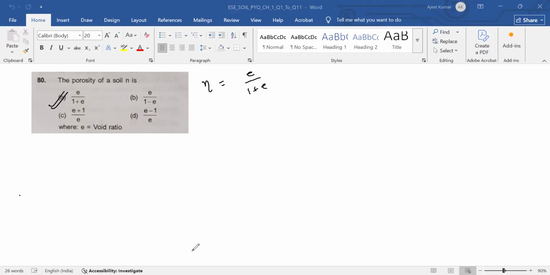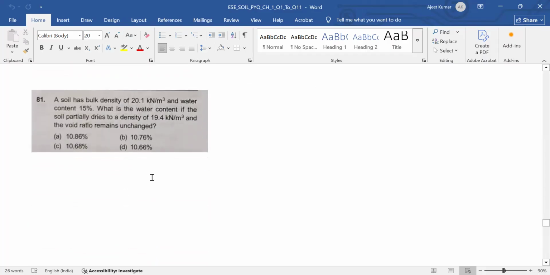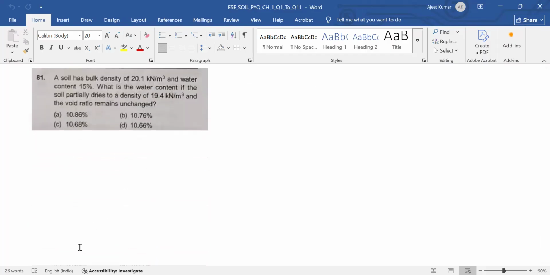Okay. Now question number 81. A soil has bulk density of 20.1, so gamma b is equal to 20.1 kilonewton per meter cube, and water content is 15%.